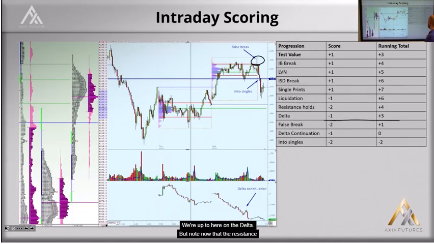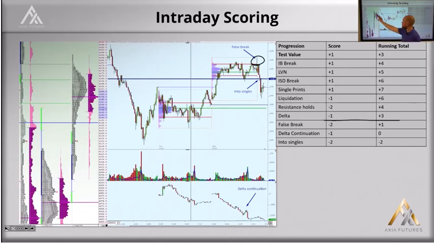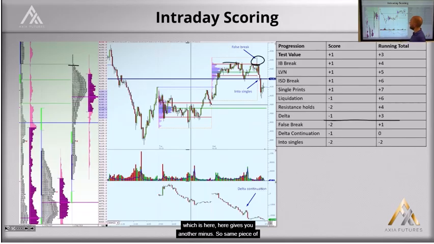We're up to here on the delta, but note now that the resistance holds. So we had a -1 on the resistance to start with, but the resistance holding, which is here, gives you another minus. So same piece of information, but the resistance holding gives you a -2. Delta continues to fall. You get a false break.